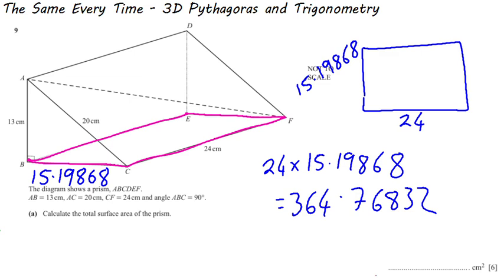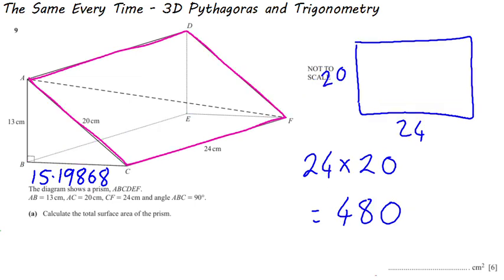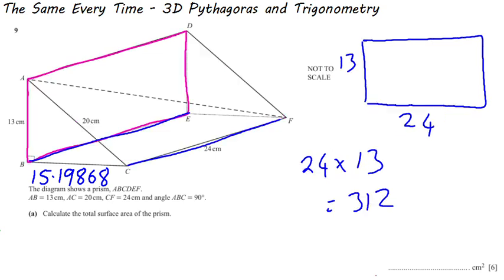And then this one is the base, so plus 364.76832. And then the sloping side there, which is 480. And then the left-hand rectangular face, 312. Adding all of that together will give us our final answer.